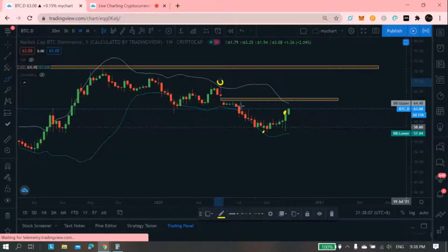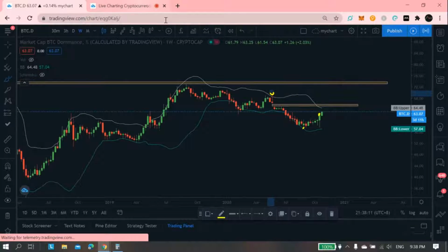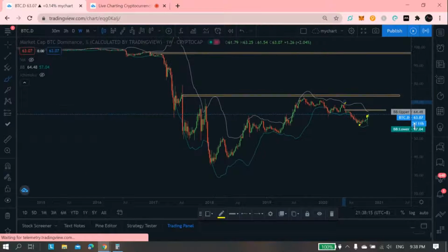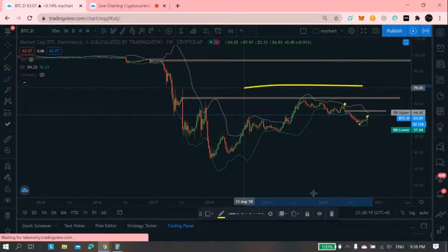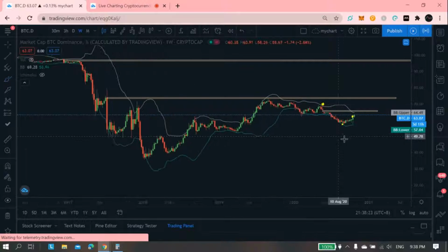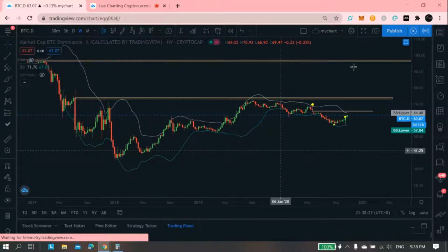Anyway, so yeah, I think that's it for the BTC dominance. The highest gap that might possibly be filled is this area, the 97 or 96 area.